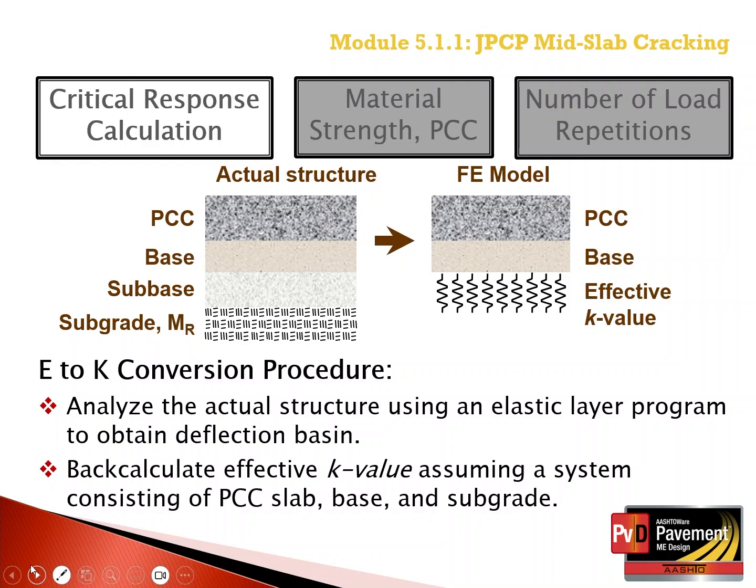The software then uses the mid-slab deflection basin to back calculate an effective K-value or composite K-value for the supporting layers below the base layer. Remember, the base layer can consist of a cement stabilized asphalt or asphalt mixture or granular aggregate material. Or even the PCC slab can rest directly on the subgrade itself.